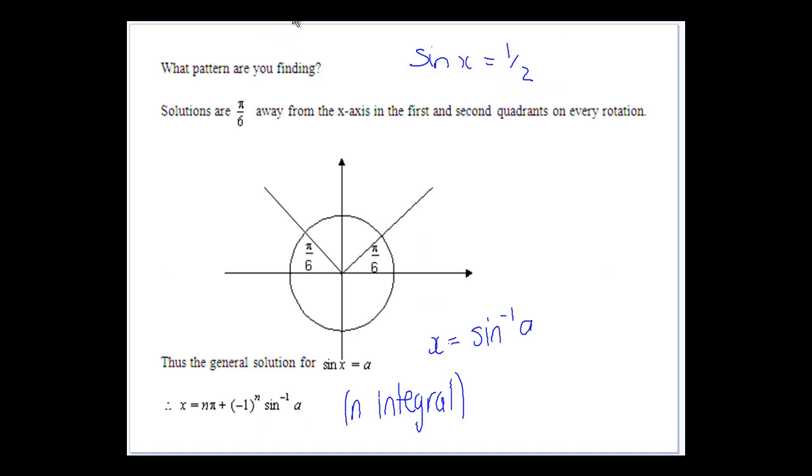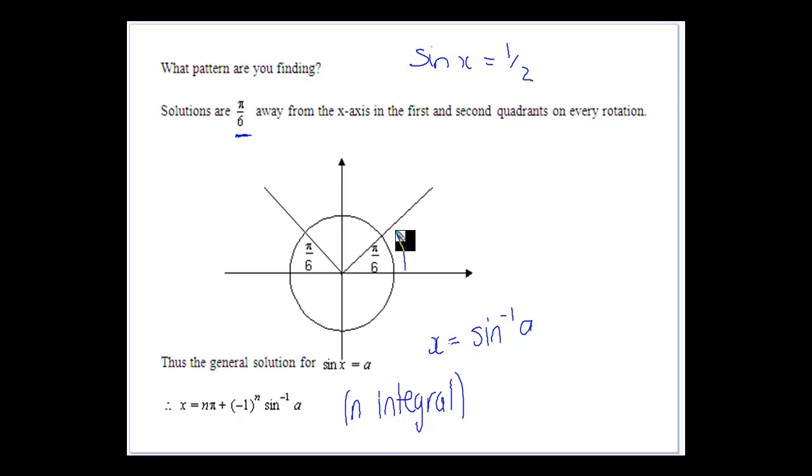So the idea is we want to find a pattern there and get what we call a general solution. So we know that our related angle is pi on 6 because inverse sine of a half, in the first quadrant, is pi on 6. That's our related angle. So we know all our solutions are in these positions.